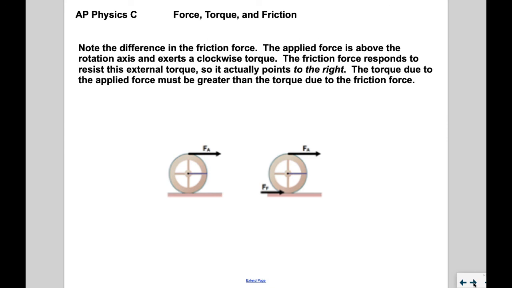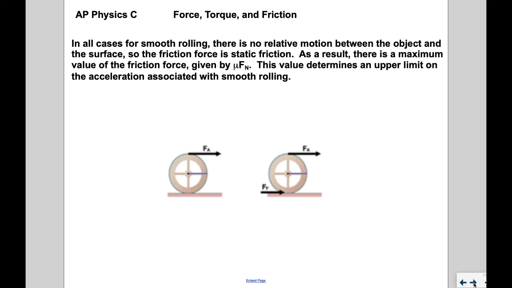Okay? This is the tough one. So when you're looking at a situation like this with an applied force on a rolling object, be aware that the friction responds to resist the external torque that the applied force exerts.